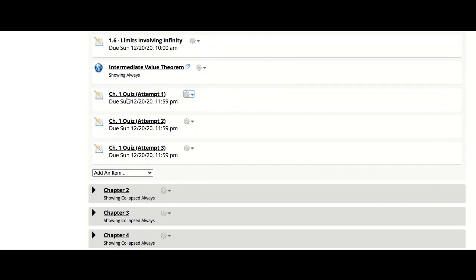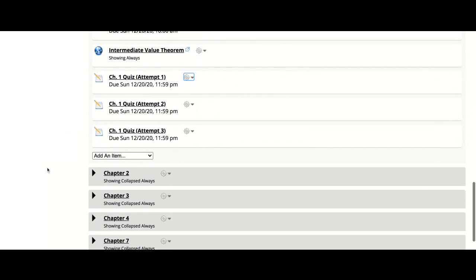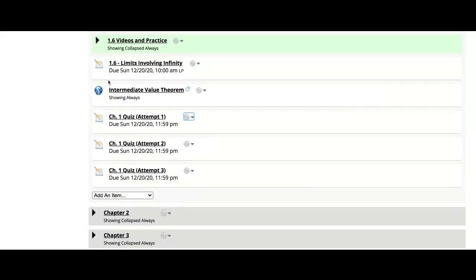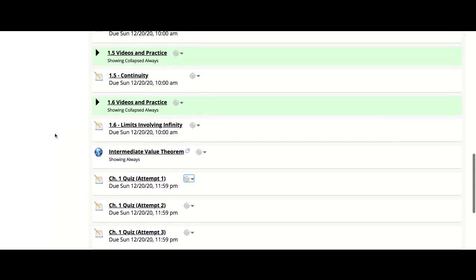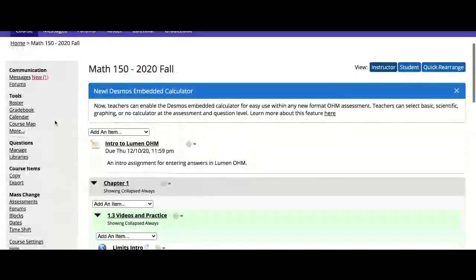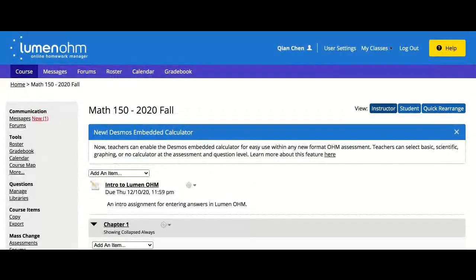If you do 2 of them, I'll choose the best one among 2. But really, you only have to do 1, all right? At least you have to do 1, so I could give you a grade. So each chapter is like this, all right? That's a layout, very useful. So, you know, pay $25, I think it's worth it. If I don't remember wrong, it's $25. So that's the Lumen learning.